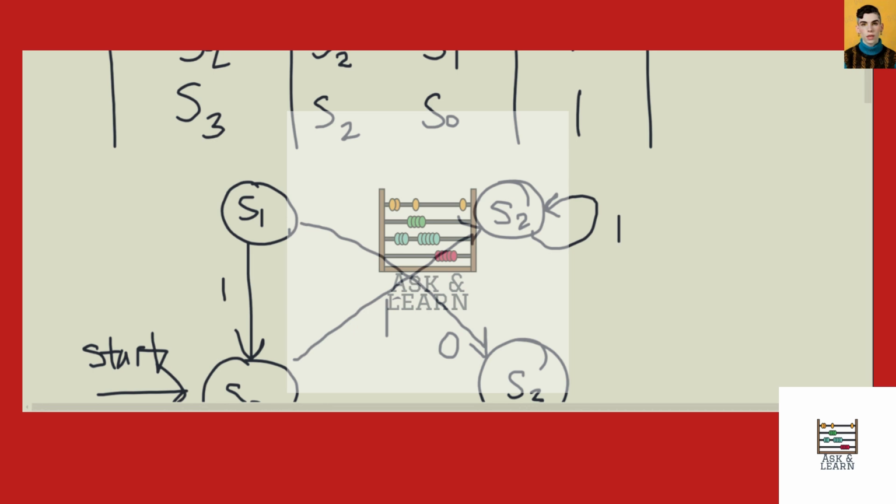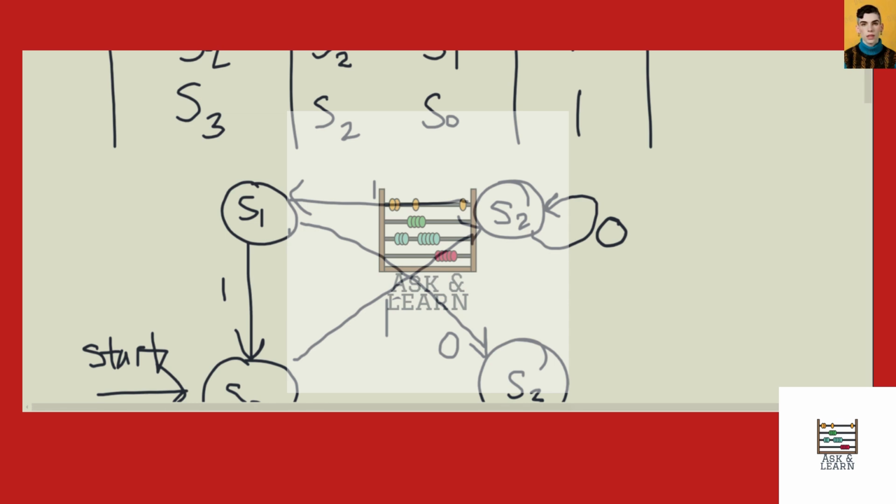And likewise, if we input a 1 at S1, we return to S0. If we input a 1 at S2, then we return to S1. If we input a 0 at S2, then we return to S2.